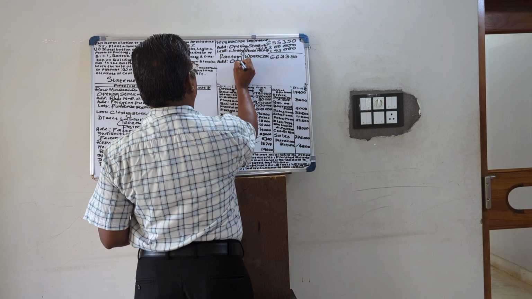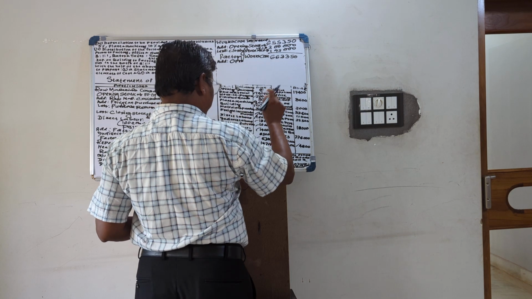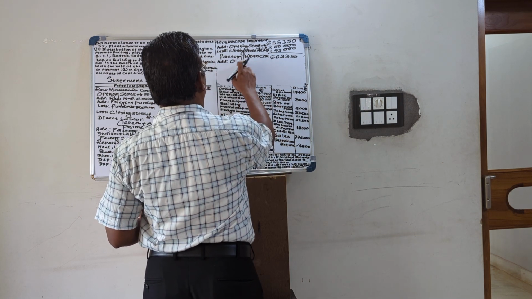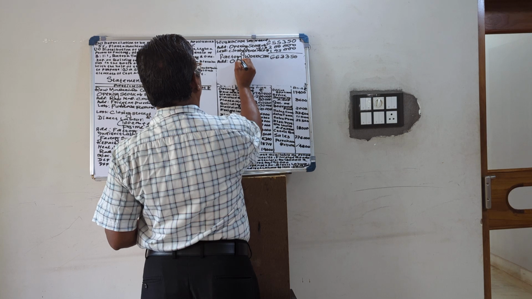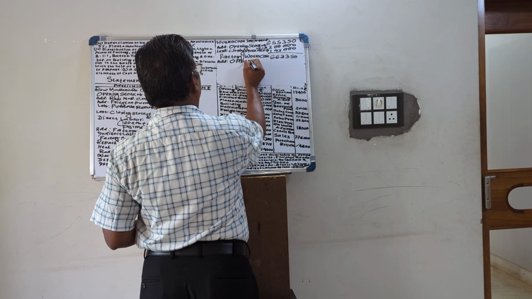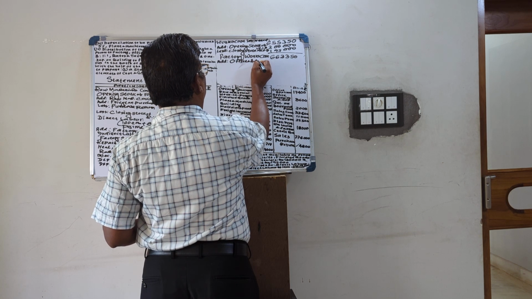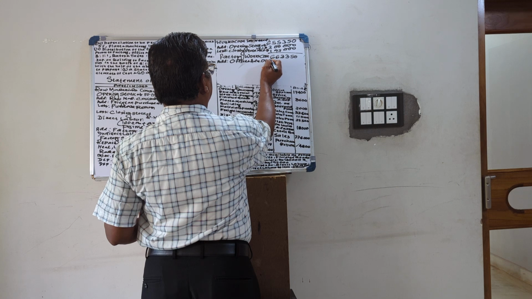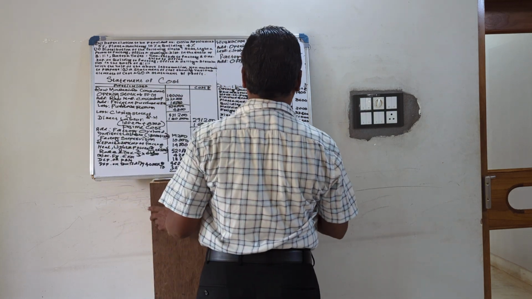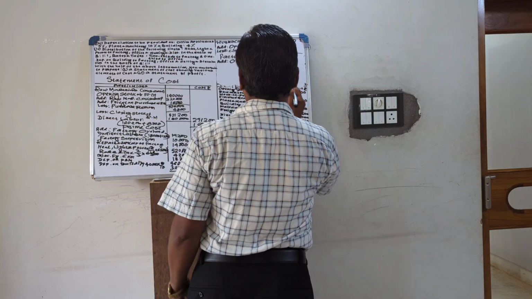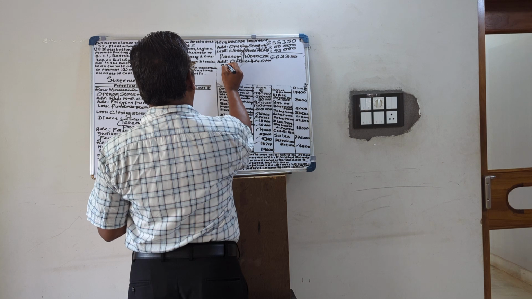Then office and administrative overhead. So amount is, first it is given office appliances 17,400.